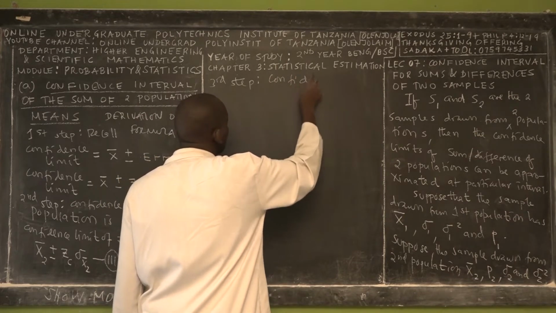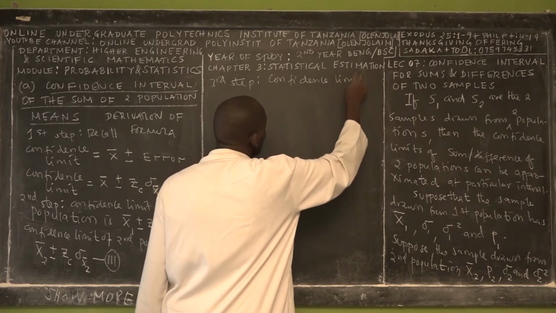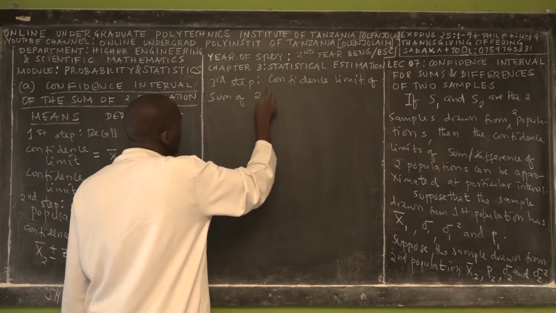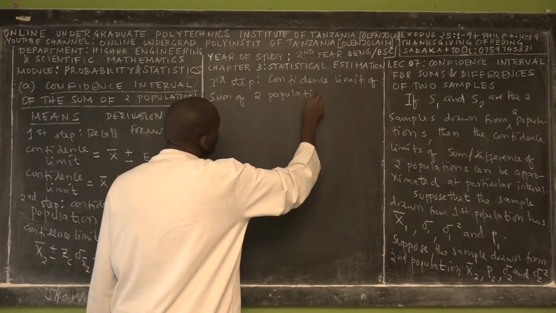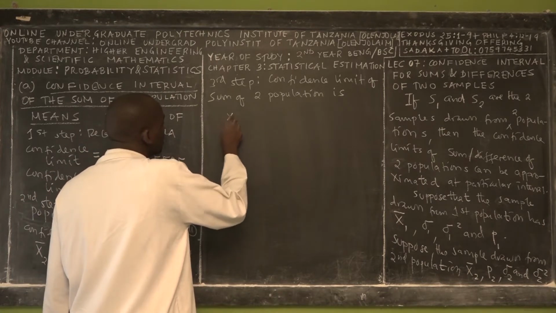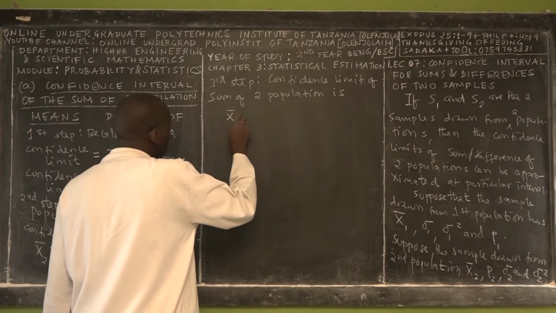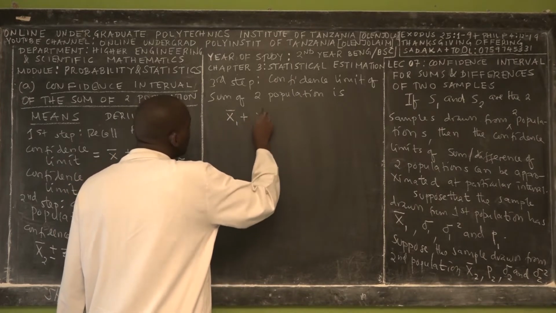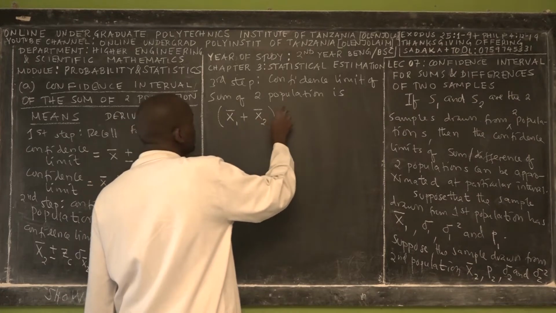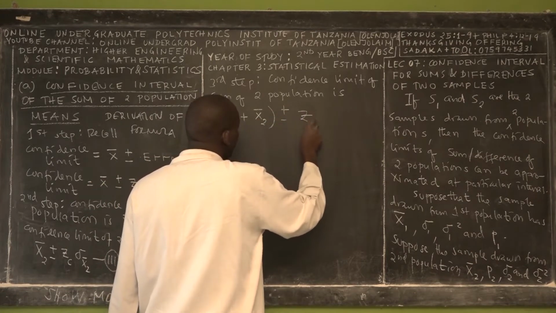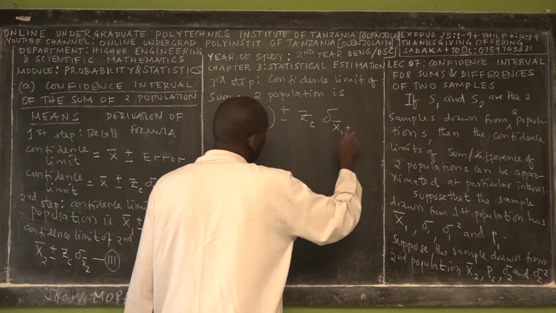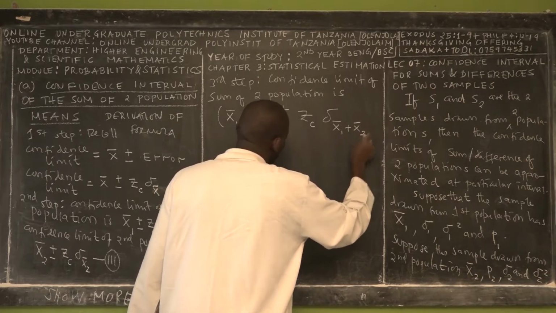So confidence limit of sum of two populations is this: mean of the first sample plus mean of the second sample, plus or minus the critical value, then you have standard deviation of means of the first sample plus means of the second sample.